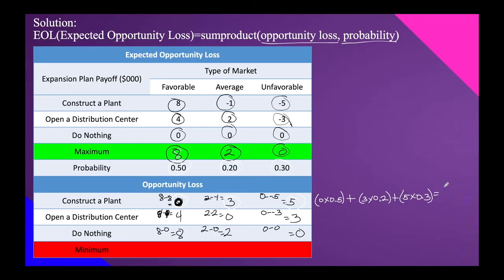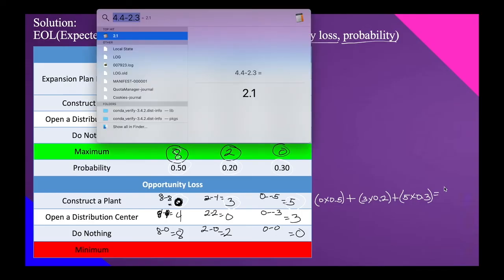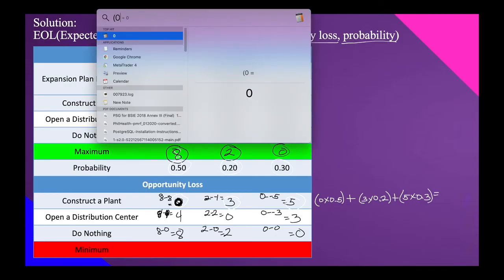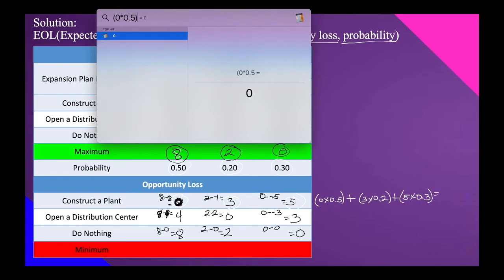And this is compute ulit tayo. So, 0 times 0.5 plus 3 times 0.2 plus 5 times 0.3. Answer is 2.1.